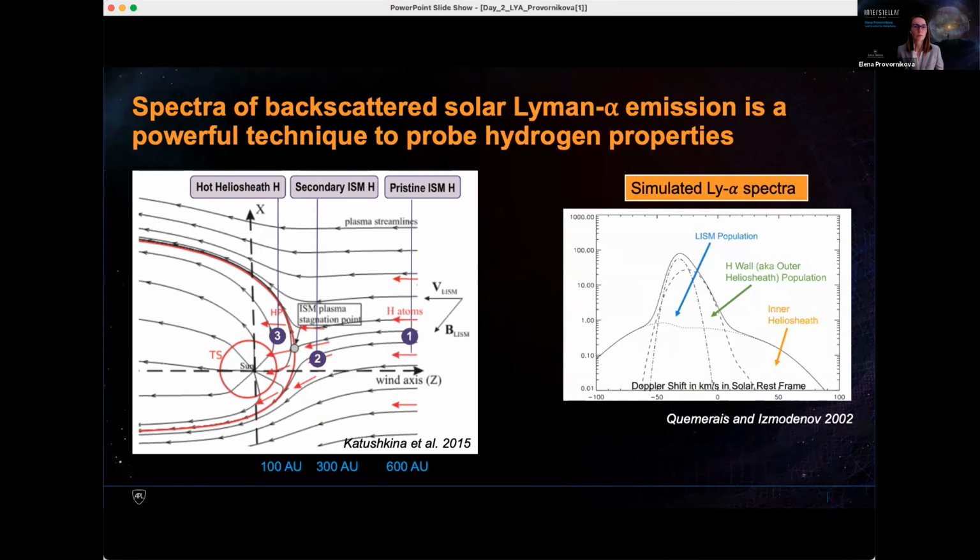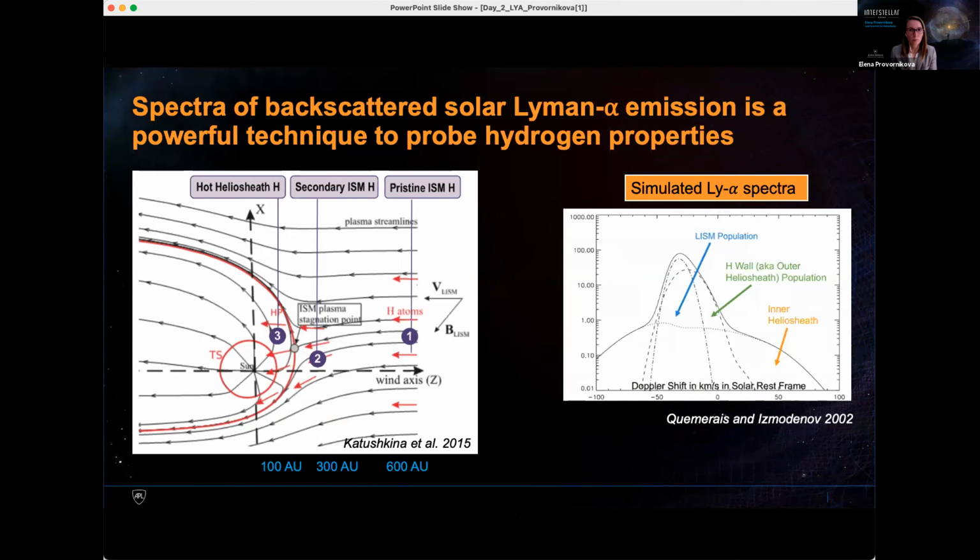So these solar Lyman alpha photons are effective. So this is the wavelength 121.6 nanometers. So those photons are effectively backscattered by interstellar hydrogen atoms if they have a velocity within the solar Lyman alpha line.